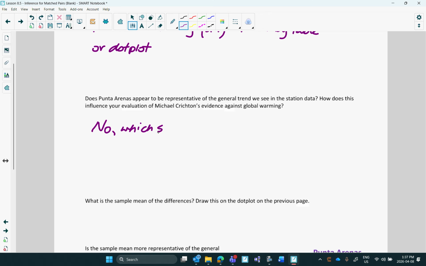Which suggests evidence is lacking. Or basically what he did is he selected data that worked for what he wanted to argue.